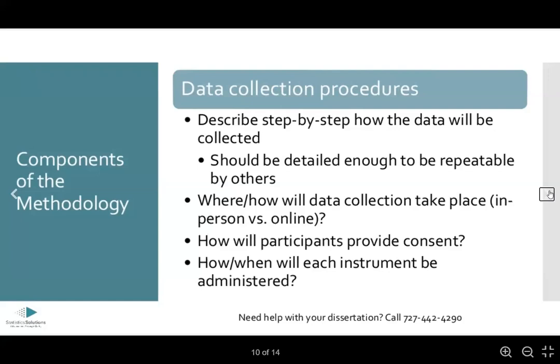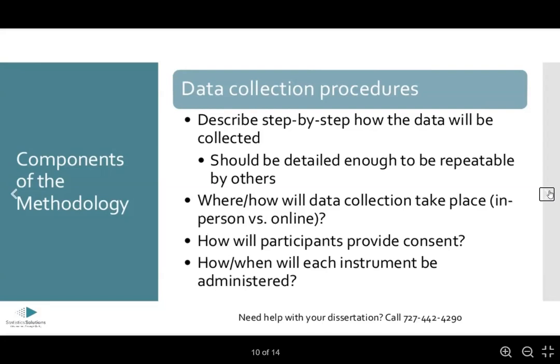In the data collection procedures for archival data or secondary data collection, you will instead be talking about the different permissions that you received or the process that you went through to access the particular data that you're using for your study.